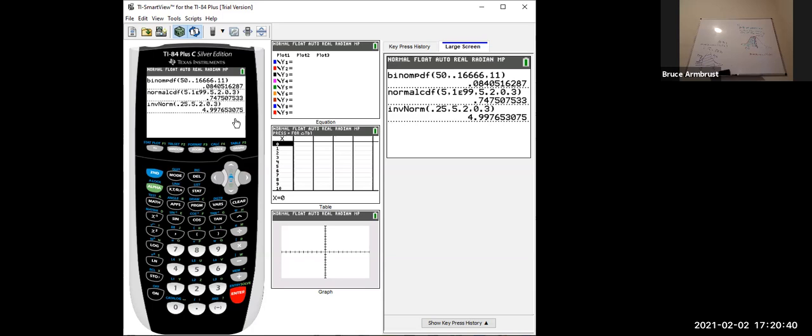Now, let's say we want to do the third quartile. I'm going to show you a little trick here. You can arrow up. So you're on the inverse norm command and hit enter. And it's going to bring it back down. But what I'm going to do is I'm actually going to backtrack over here.